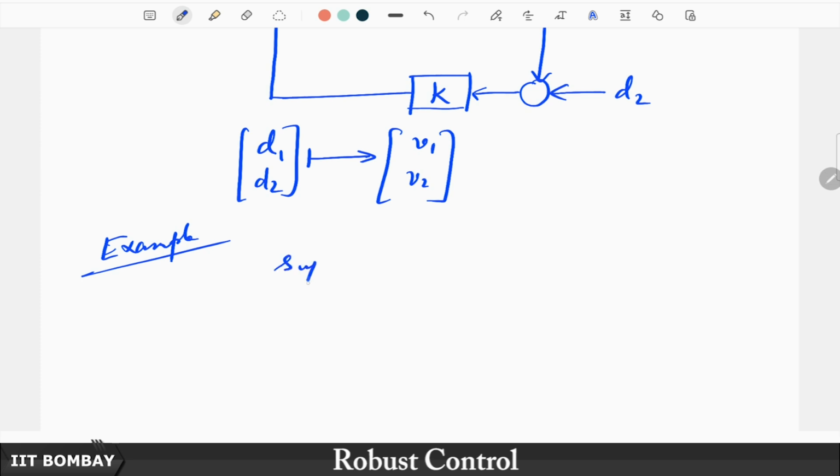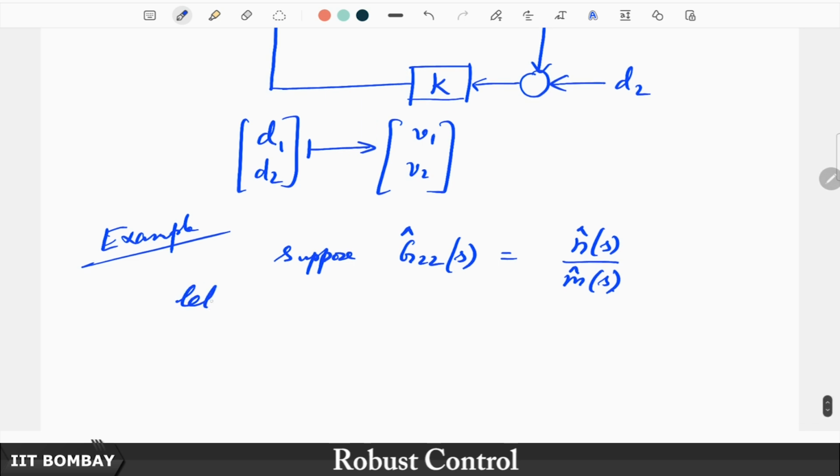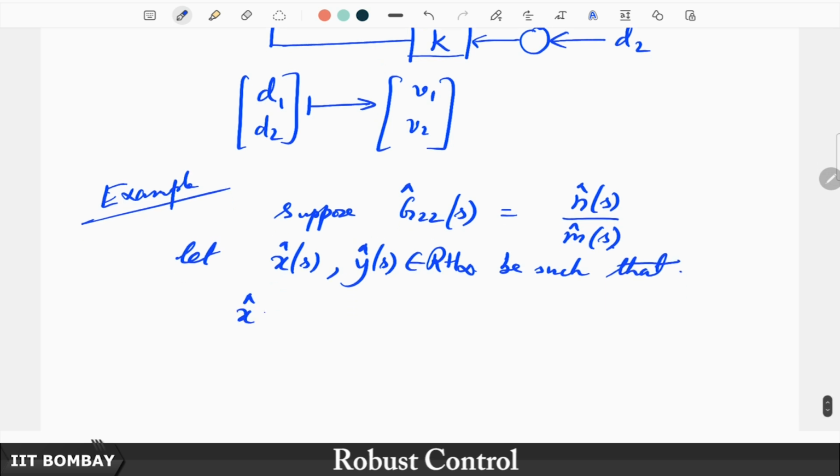So suppose G22 of s is given by some such transfer function, a rational function, and let x hat, y hat in RH infinity be such that we have x hat m hat plus y hat n hat equals 1.